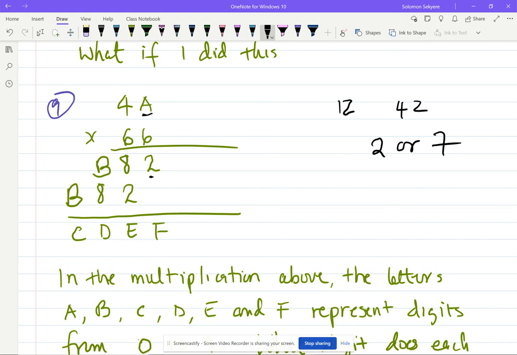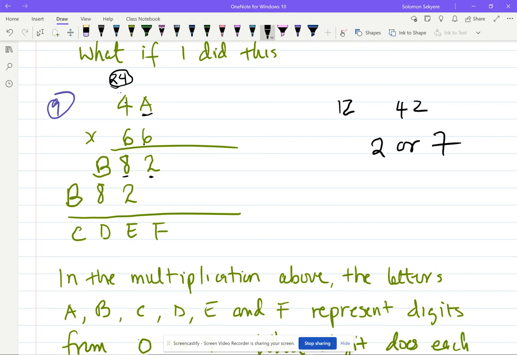Let's go over here. 6 times 4 is what? 24, right? Okay, and then we add whatever number we carry up here. We add it to 24. It means we are going to get 8 at the ones place. That's what the 8 means.